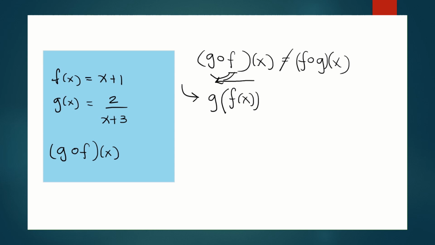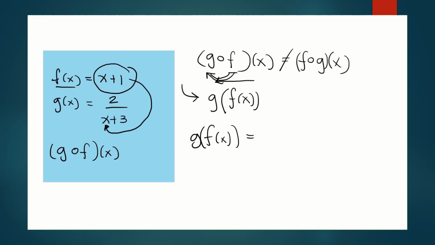F goes to g. So when f goes to g, it means the expression of f of x will go to the x of the g of x. The result, g of f of x, copies the format of g, but the x of the g becomes the expression for f of x.